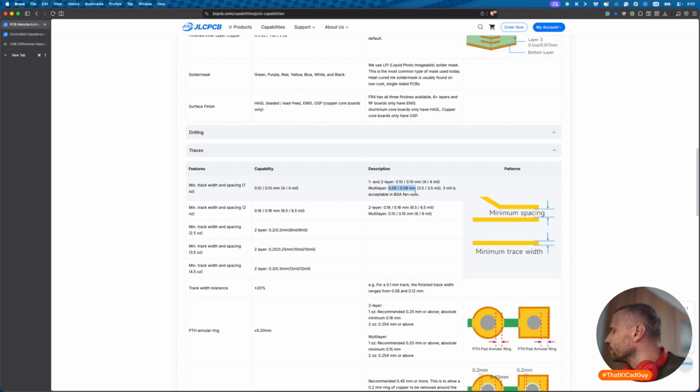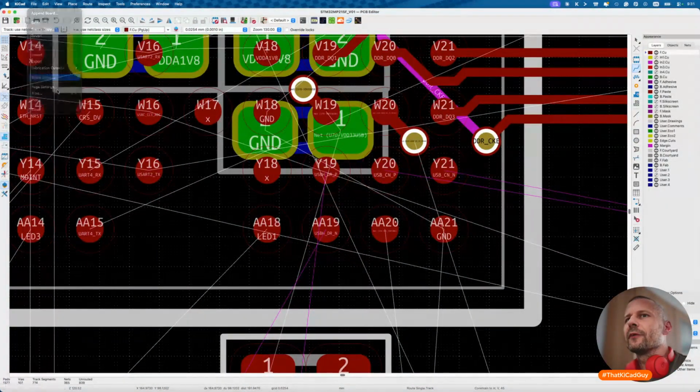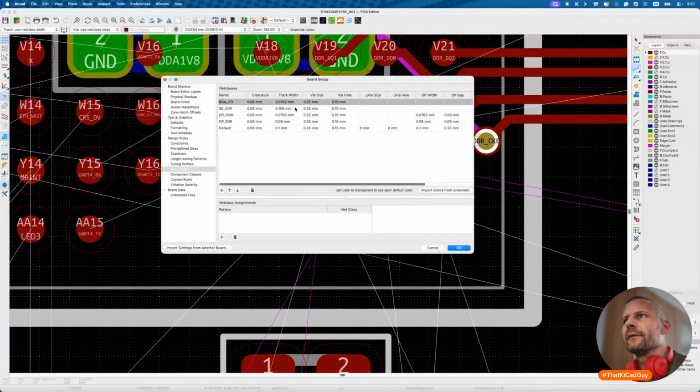Okay. Yeah, that's bad. 0.0762 is only for fanouts, not for the entire tracks. Yeah, this is correct. Here must be 0.09 as well.